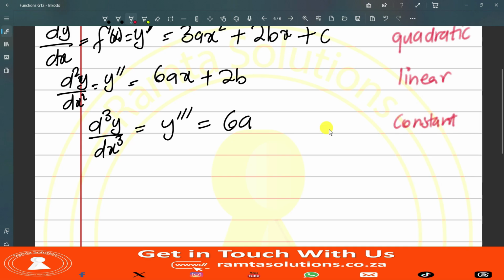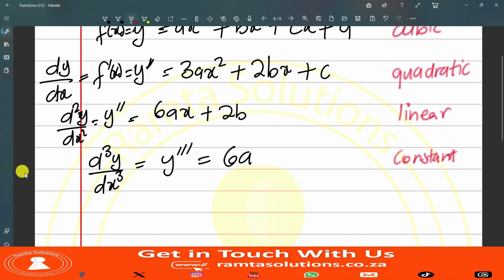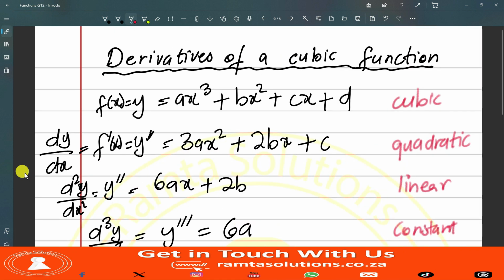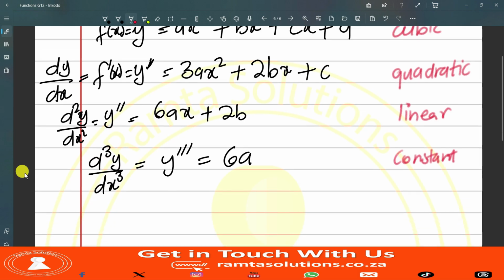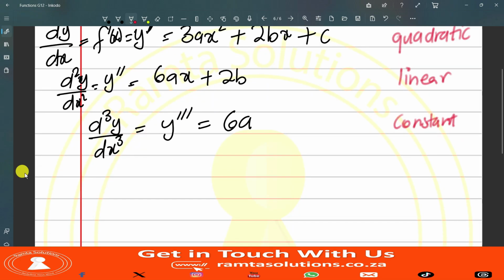Can you guys see that? So a cubic, when you differentiate it, you get a quadratic. Further differentiation, you get a linear function. Further differentiation, you get a constant. If you go to the fourth derivative, you will get 0, but you don't have to go there.